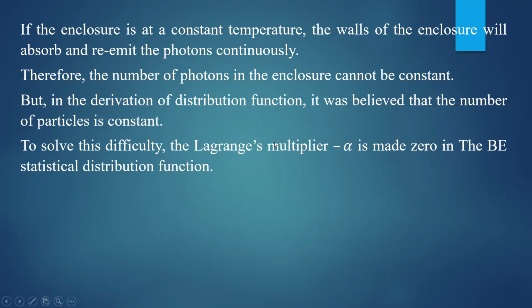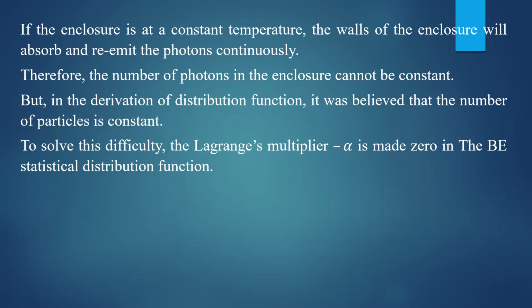Therefore, the Lagrange's multiplier minus alpha should be equal to 0. So this applies only to photons, not to all the particles. For other particles, this alpha is non-zero and summation of dn_i is 0. But here for photons, summation of dn_i is non-zero and alpha should be equal to 0.